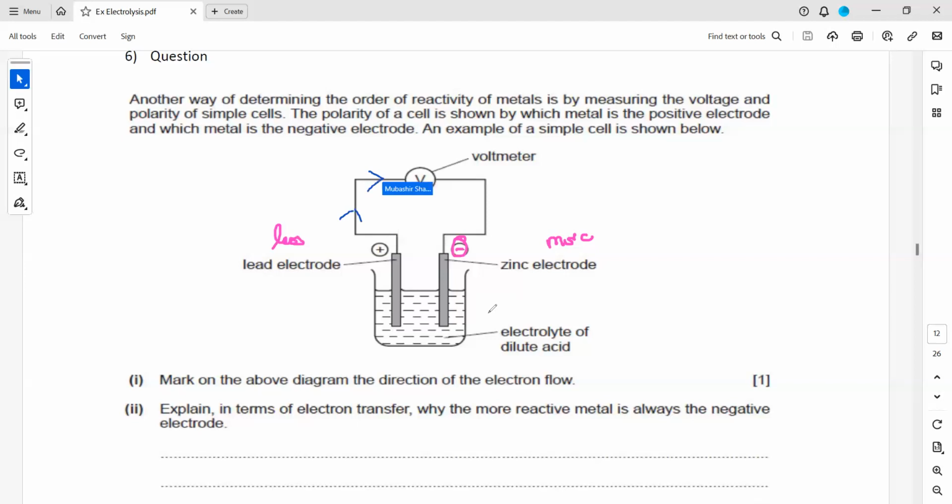The movement of electrons is always from more reactive to less reactive. So it should be from zinc to lead.